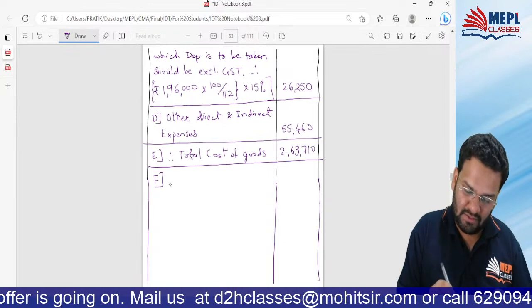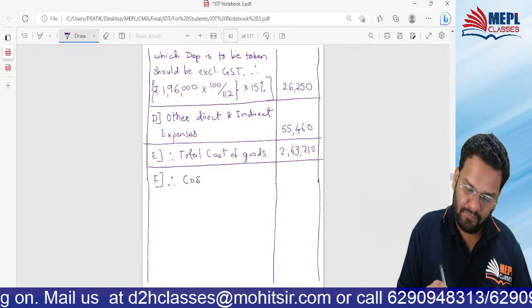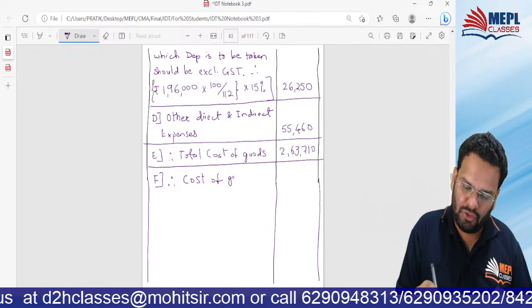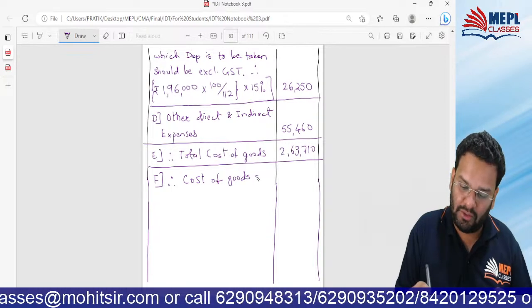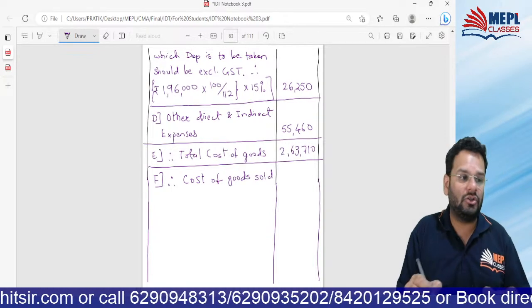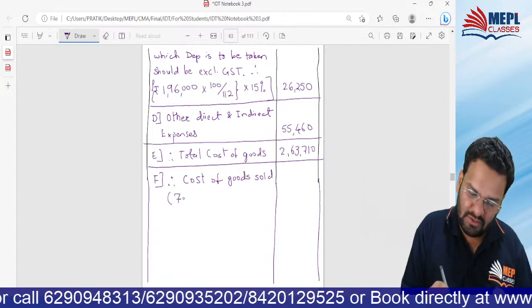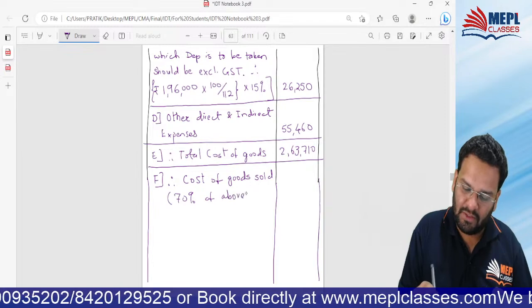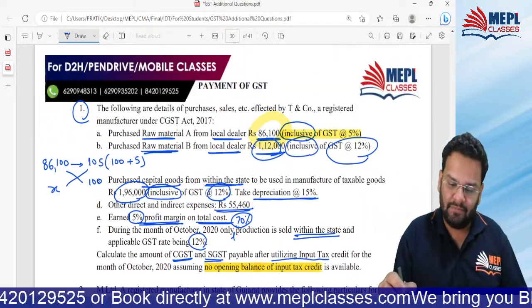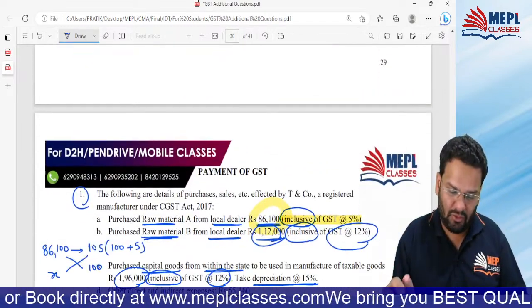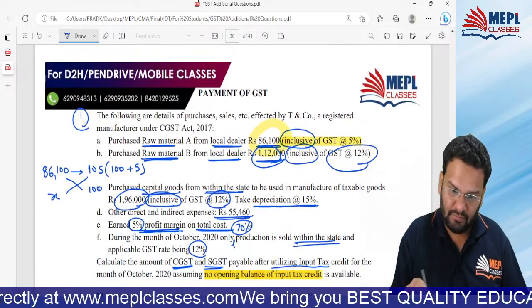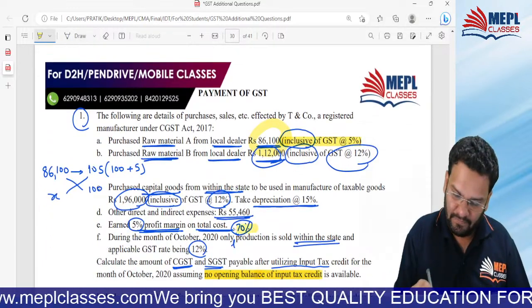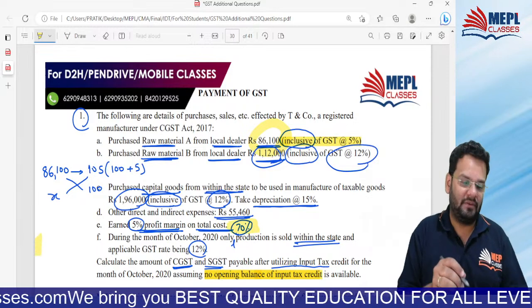Now what happens? Therefore, cost of goods sold. Now, cost of goods sold is 70%. It's given there that 70% of the goods are sold. Check this. 70%.